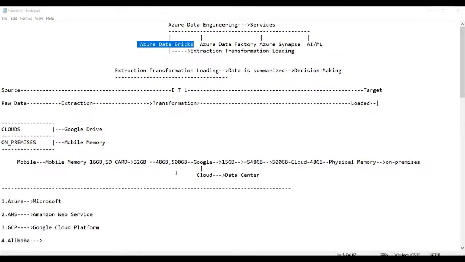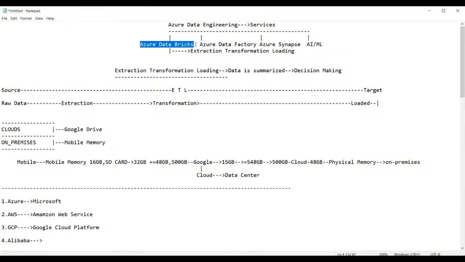Azure Data Factory and Azure Databricks are both used for the same process. But in Azure Databricks you use a character user interface, where you need to use different languages: Python, Scala, R, and SQL.